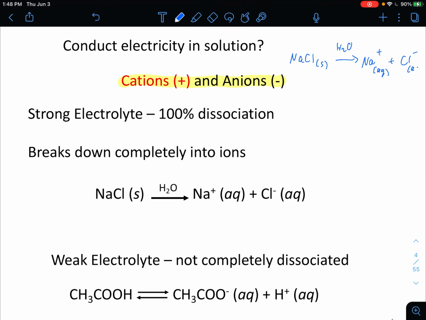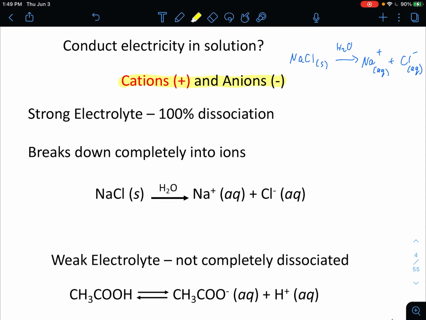And so salt water is going to have these charged particles floating around in solution, and the presence of those charged particles is going to make it a good environment for electrons to travel through. So going back to that last picture, it'll make the bulb light up.